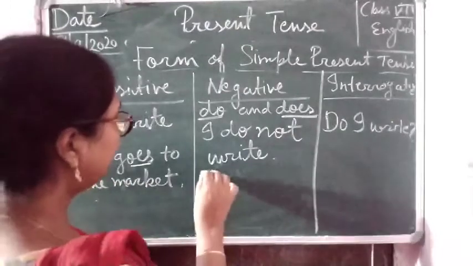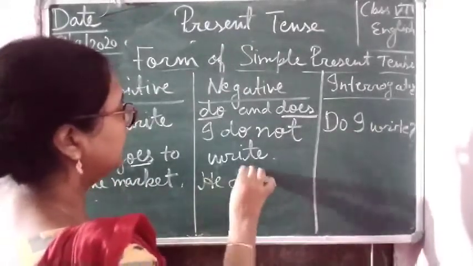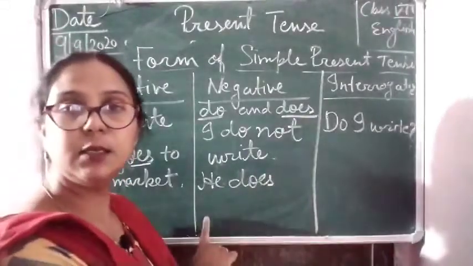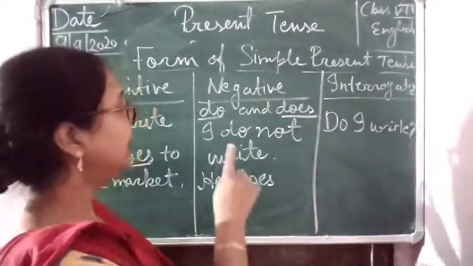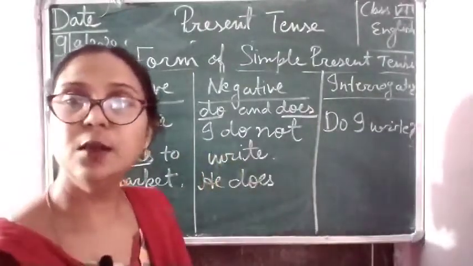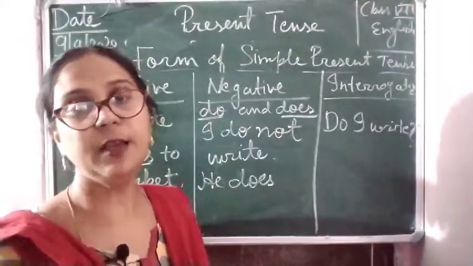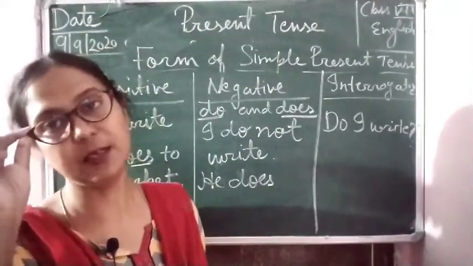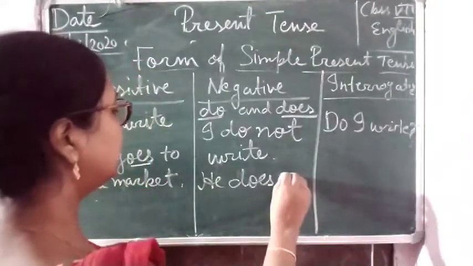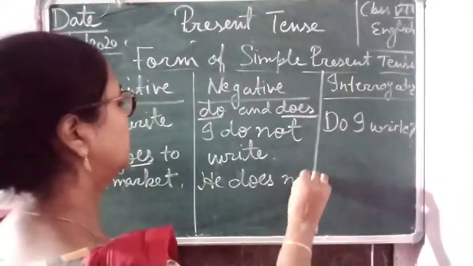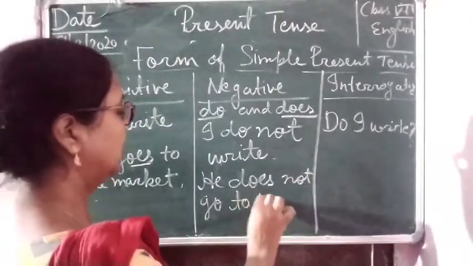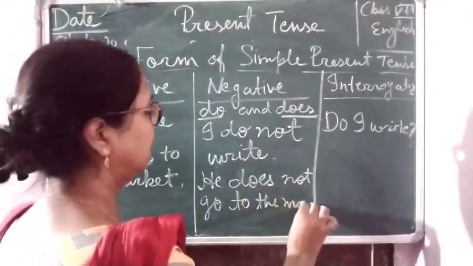Now, in negative, he does not. Why does not? Because he is singular. And why have we used do with I? Because this is first person. I and we are first person. That is why we use do. So: he does not go to the market.